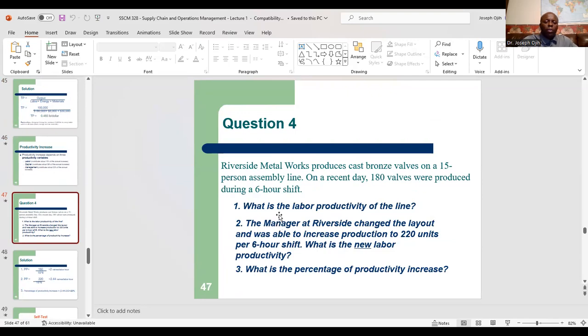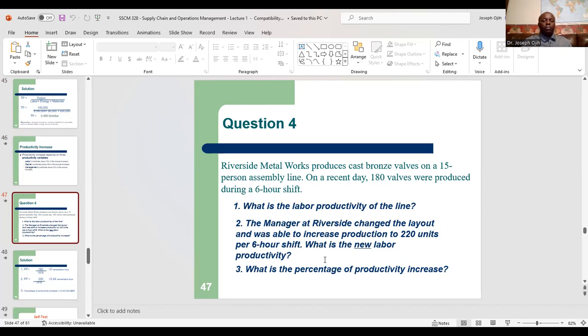What is the labor productivity of the line? Then the manager changed the layout and increased production to 220 units per 6-hour shift. What is the new labor productivity? Number 3: what is the percentage of productivity increase?